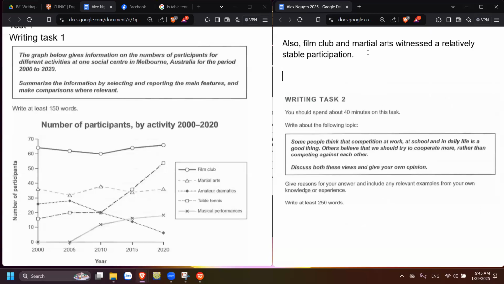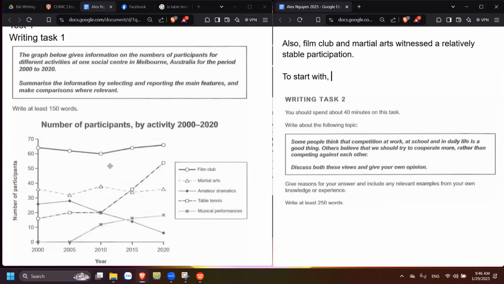Okay, let's go into details now. Let's split into several sections. Which one would you like to mention first? To start with, the major increase in table tennis participation.